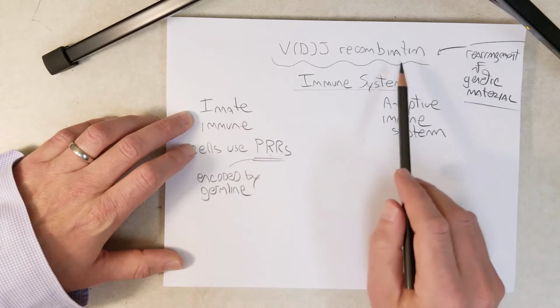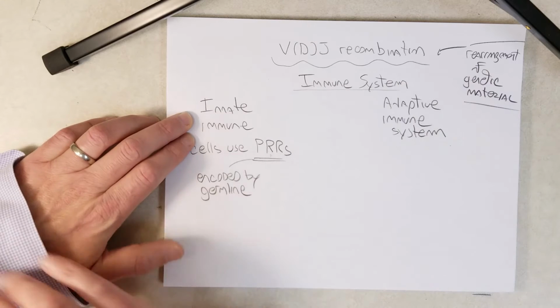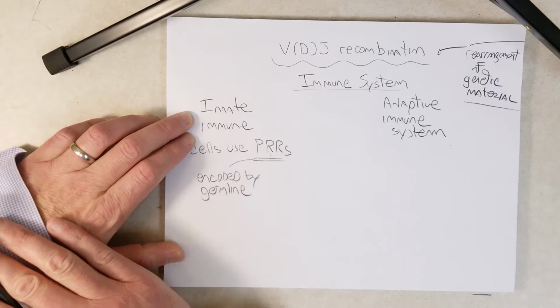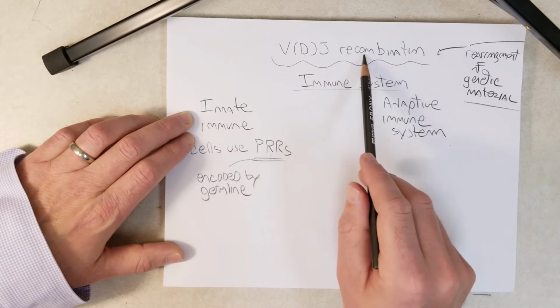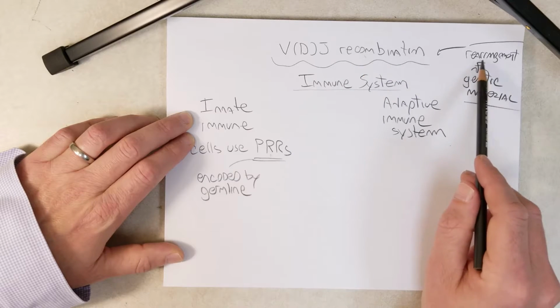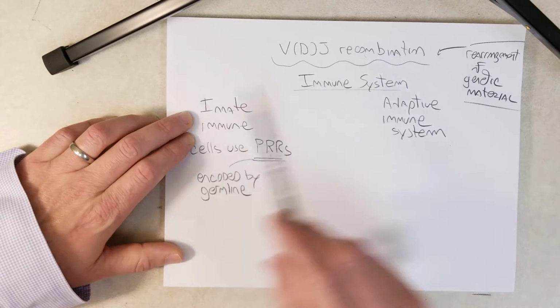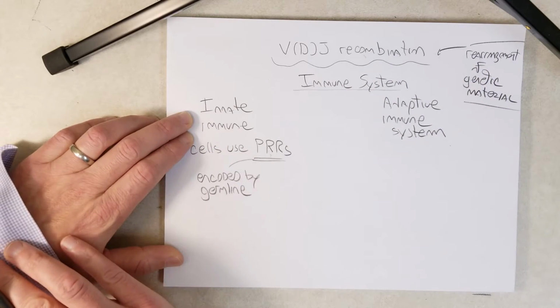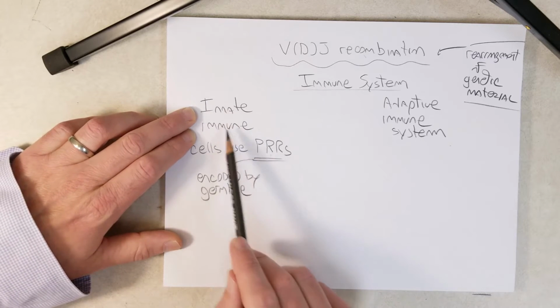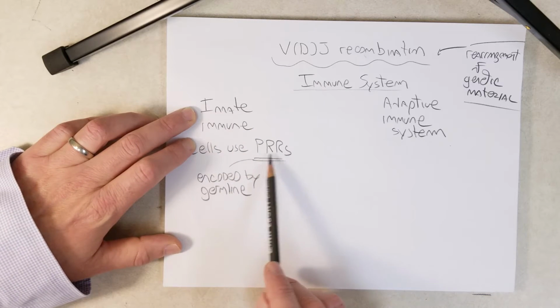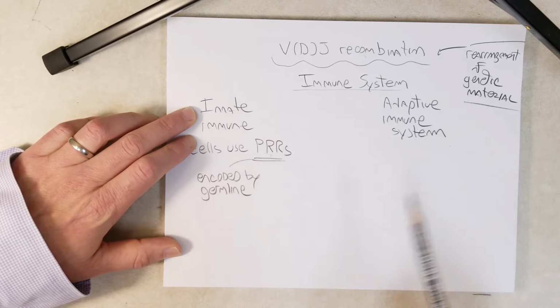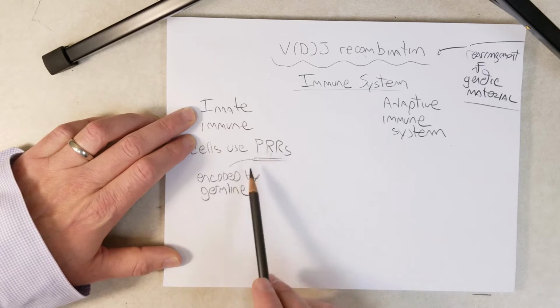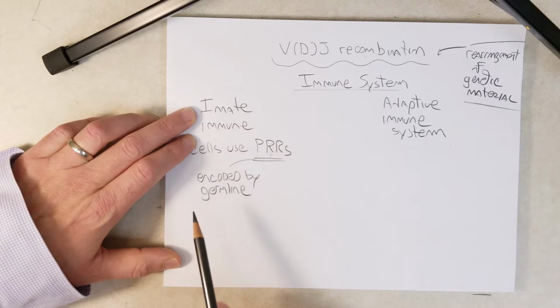And sometimes we're just talking about the rearrangement of genetic material. With respect to this discussion, we are focusing on that simple definition of recombination as rearrangement of genetic material. So with the innate immune system, the PRRs are just encoded by genes in our genome. No rearrangement is necessary for these to be expressed.